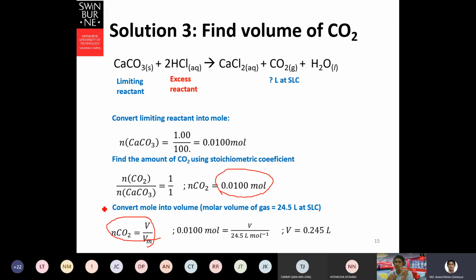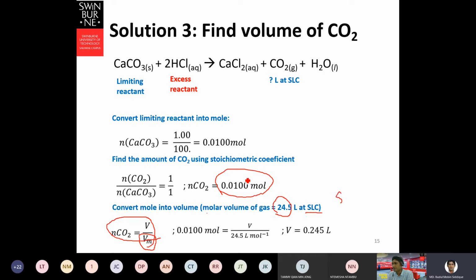But there is one thing to consider, that this Vm, the molar volume, is dependent on the condition. If it is at SLC, that is standard laboratory condition, the molar volume is 24.5.